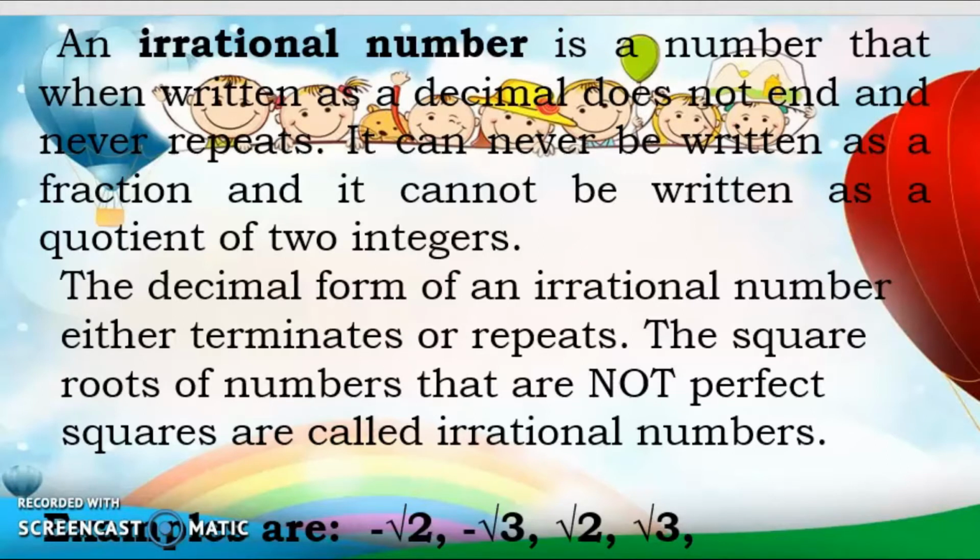It can never be written as a fraction and it cannot be written as a quotient of two integers. The decimal form of an irrational number neither terminates nor repeats. The square roots of numbers that are not perfect squares are called irrational numbers. For example, negative square root of 2, negative square root of 3, square root of 2, and square root of 3.